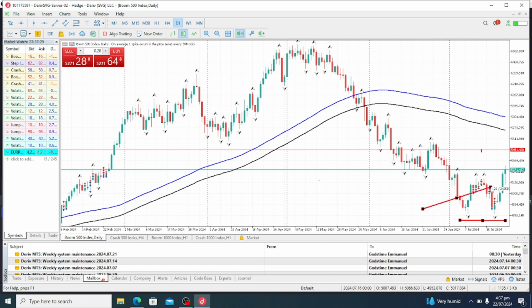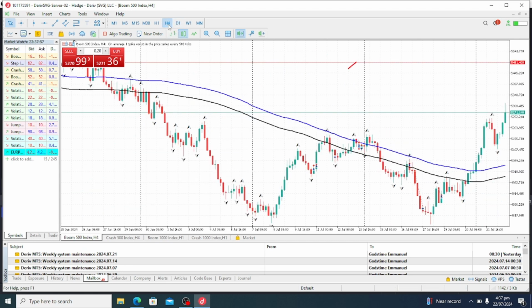But if you want to have an accurate M pattern, wait for a breakout and a retest. Now the market has not done the retest, so you're currently waiting for a retest. Maybe this retest can be on the 4 hours. We can go and check the 4 hours to see if there's a retest.